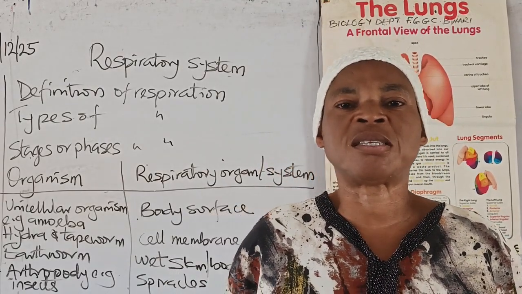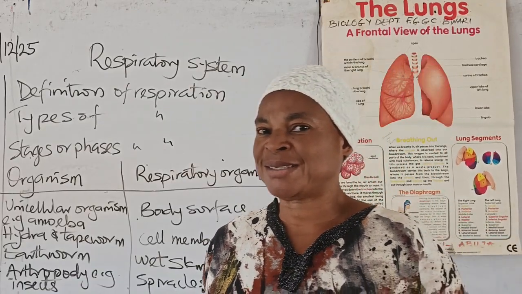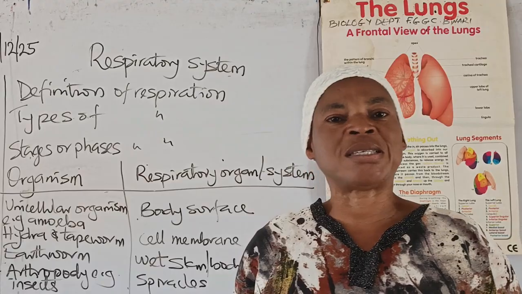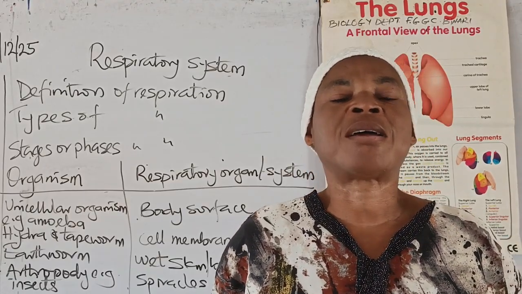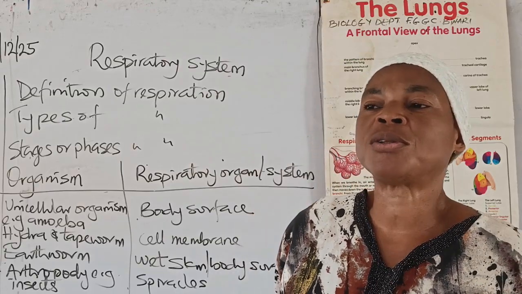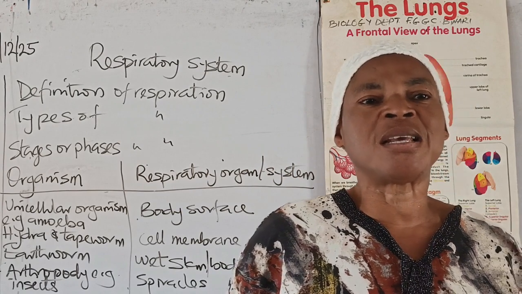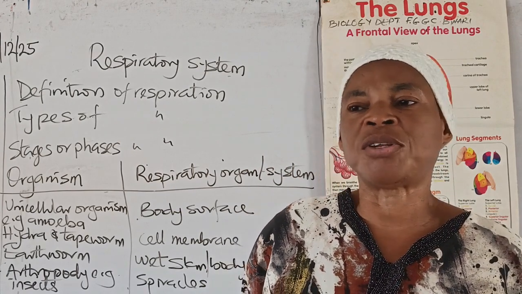That is also called tissue respiration, and that is what takes place during glycolysis and the Krebs cycle. But that's not what we're going to do today. What we're going to do today is the mechanism of respiration in living organisms.